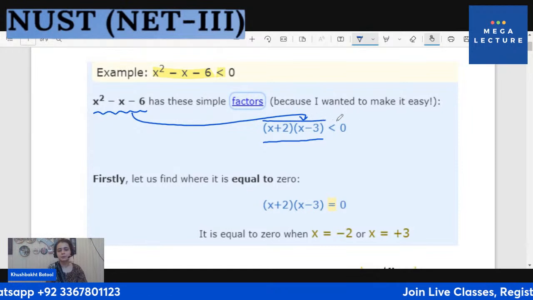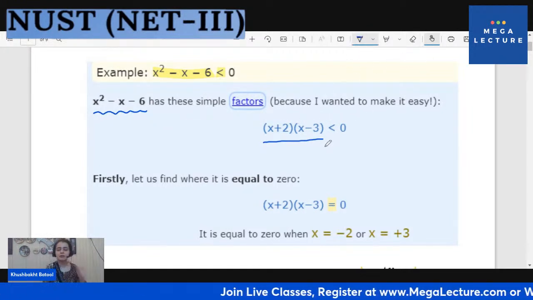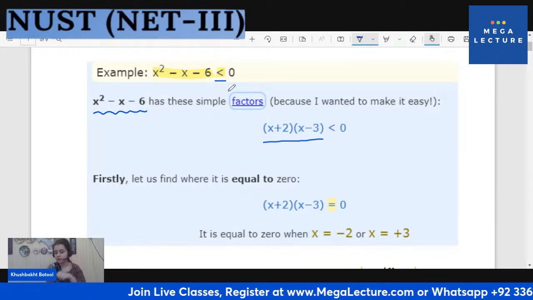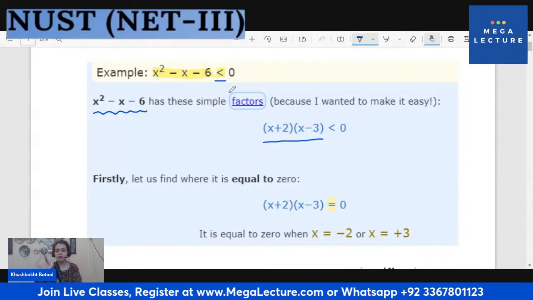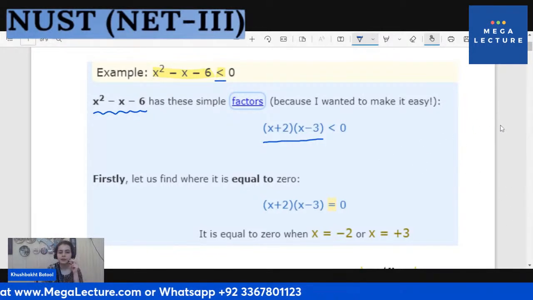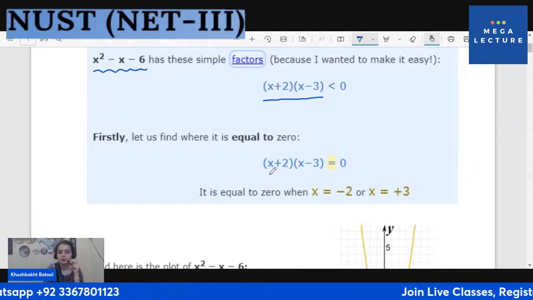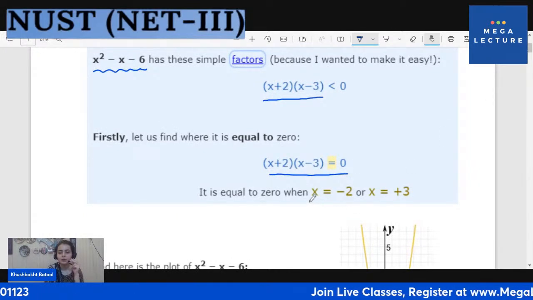Once you have the factors, this thing is less than 0, that is given in the question. We are not saying that on our own. Then firstly, we need to equate it to 0, and this would give you x equals minus 2 and x equals 3.